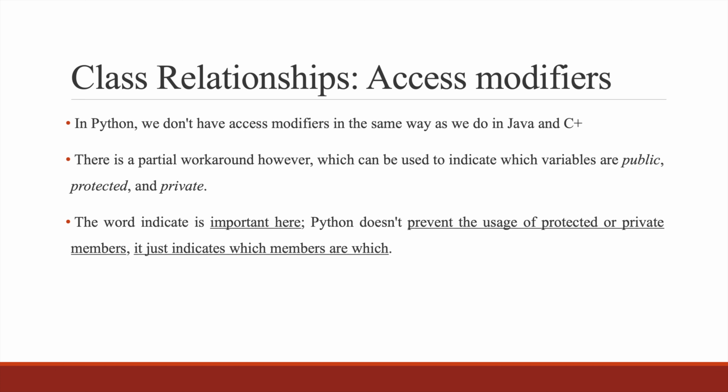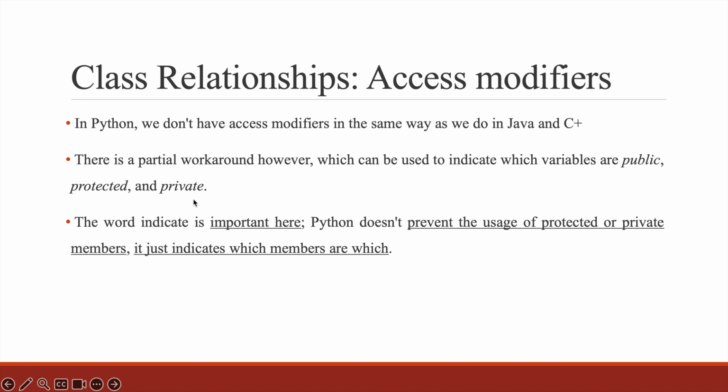So in Python, we don't have the same meaning of access modifiers as in Java and C++, where they are enforced in code. But we have a partial workaround, and we'll see it. But this workaround can only be used to indicate that this variable is meant to be public, protected, or private.